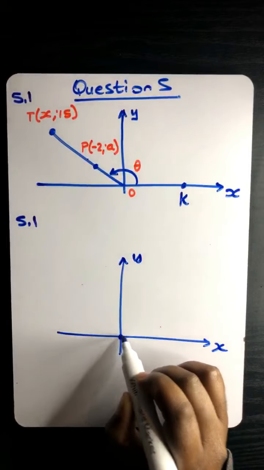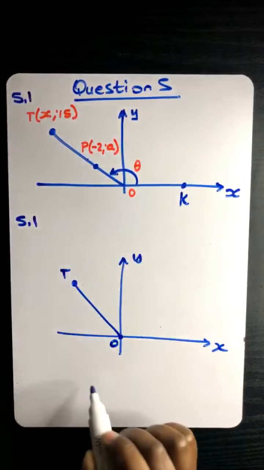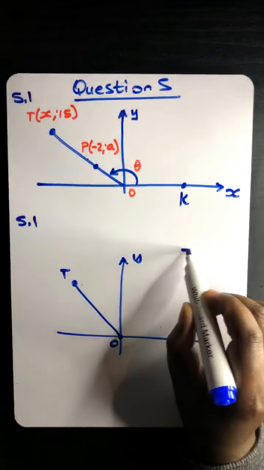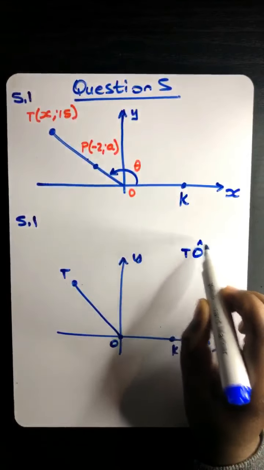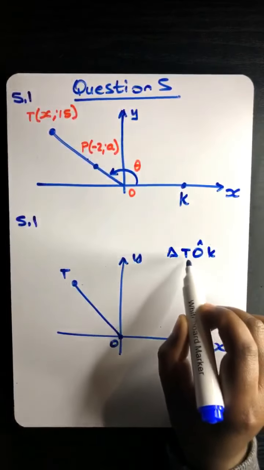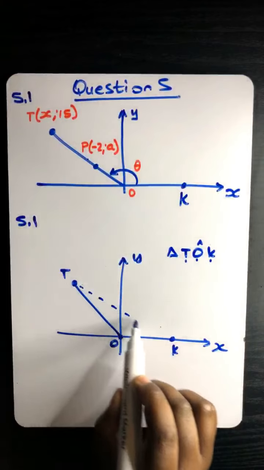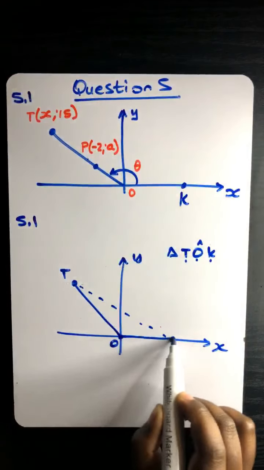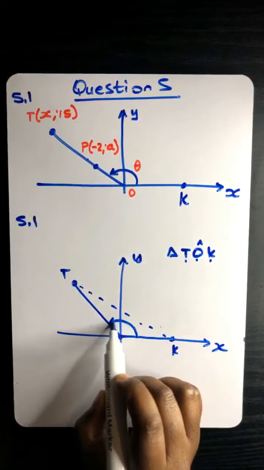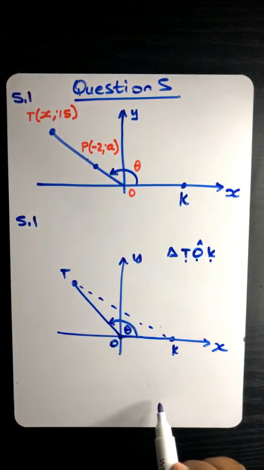Now we have that straight line being O, and then we also have T. With K being that point, when they say in triangle TOK, if you join that and also this, you form a triangle whereby the angle at O is referred to as angle theta. So that's what they mean by that.